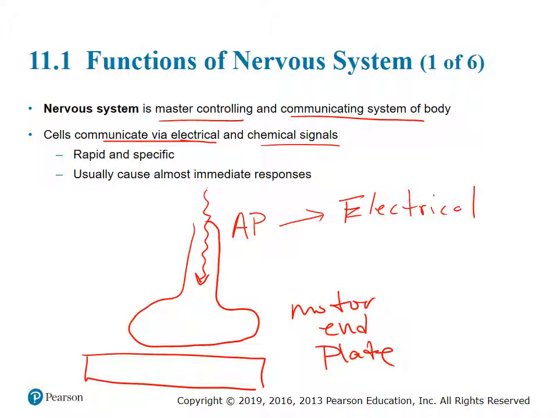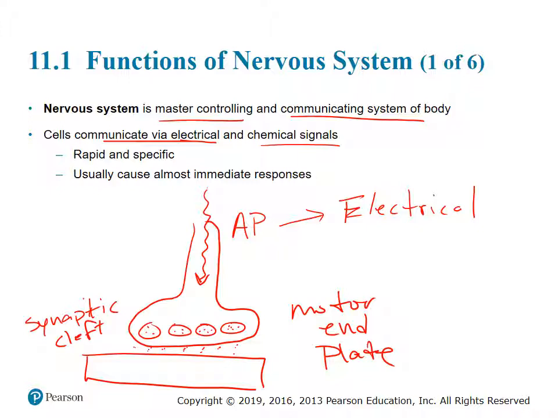And if you recall the synaptic vesicles, those would be my synaptic vesicles, each containing several molecules of a chemical we call acetylcholine. We saw that acetylcholine migrate across what we call the synaptic cleft and then get received by a receptor.